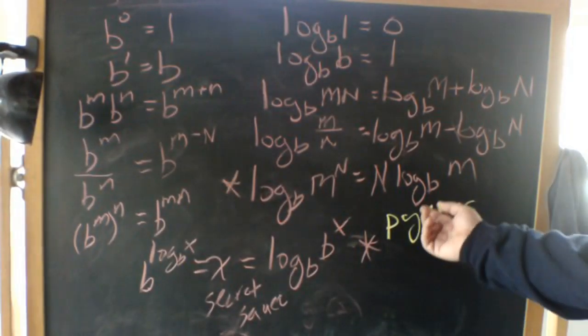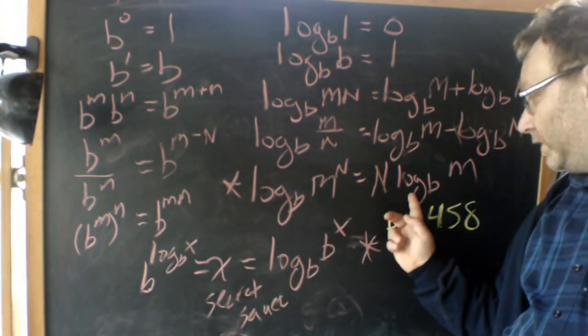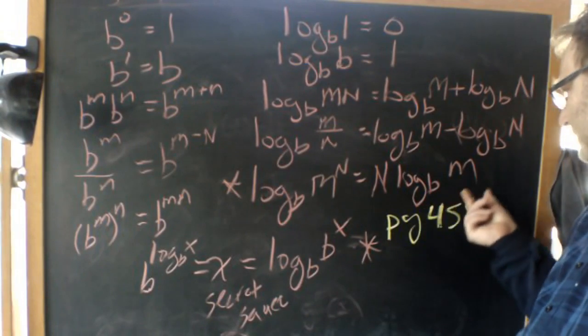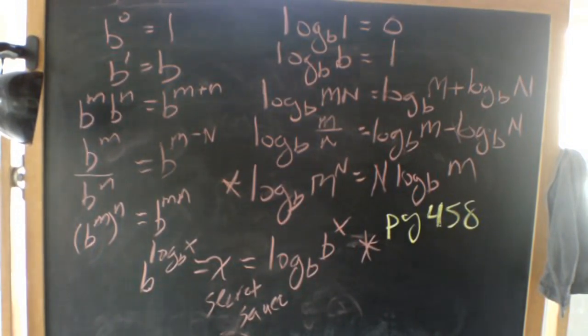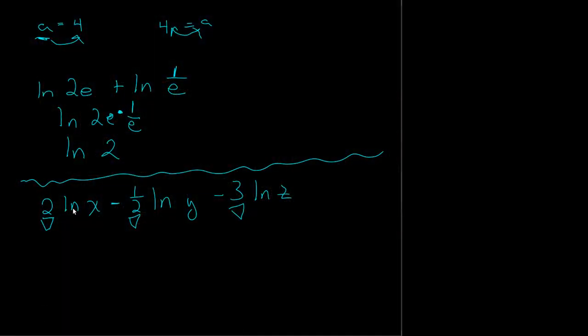Again, I'm going to think I have something out in front of a log, so it's going to be able to come in and be the exponent. So this becomes the exponent. I have the natural log of x squared minus the natural log of y to the 1/2 minus the natural log of z cubed.